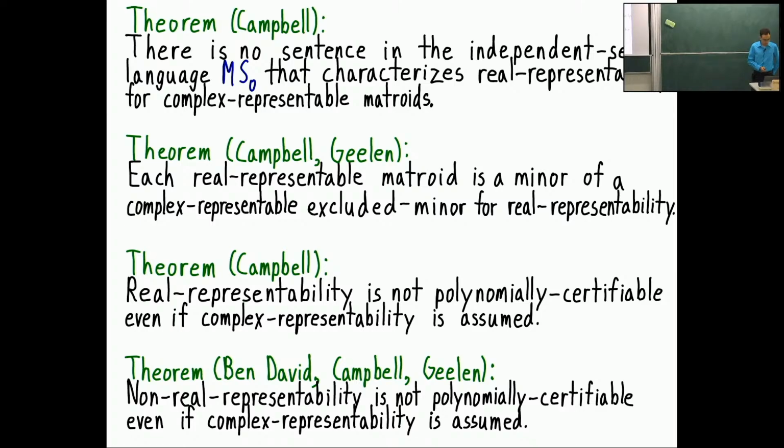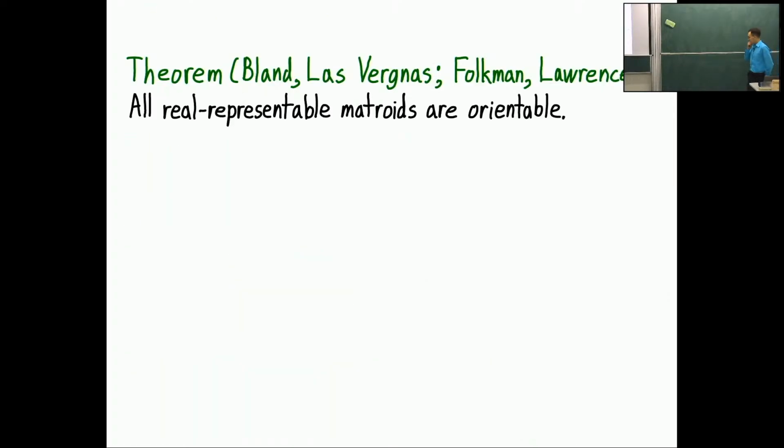So orientable matroids were originally introduced to me with the hope that maybe orientability could be a tool to better understand real representable matroids. It stems from this observation that all real representable matroids are orientable.